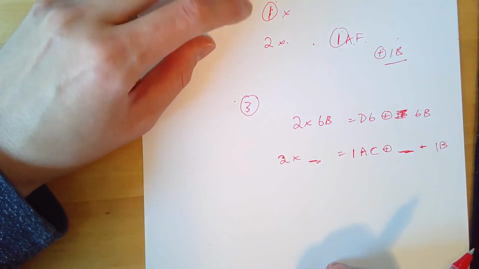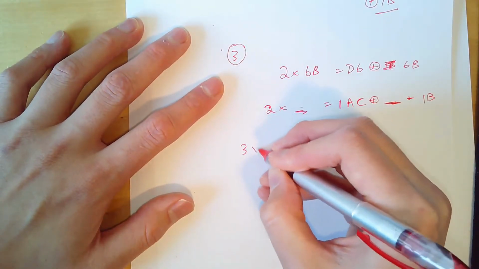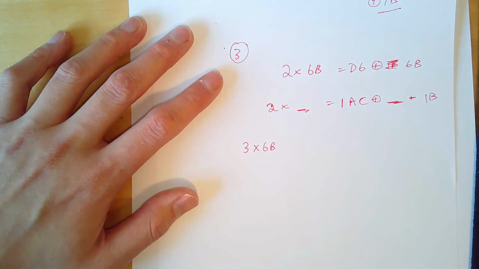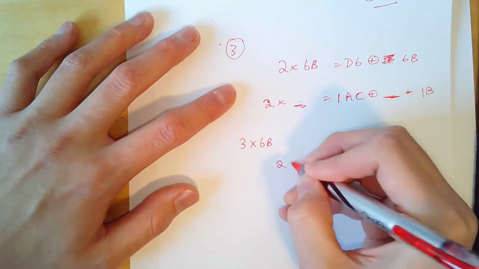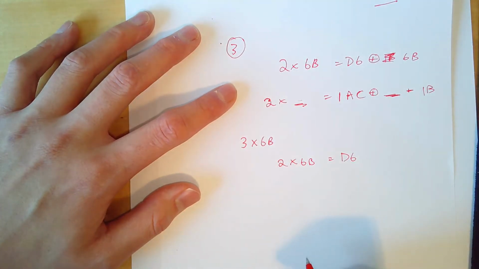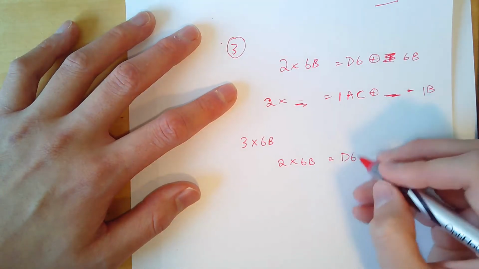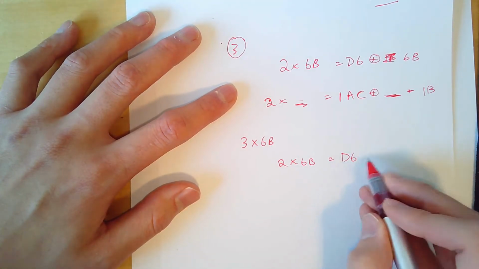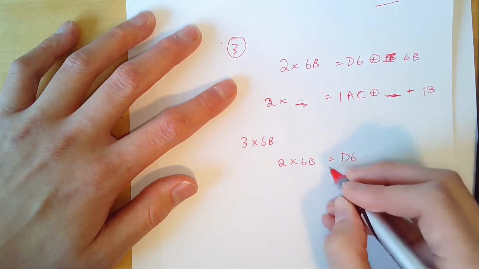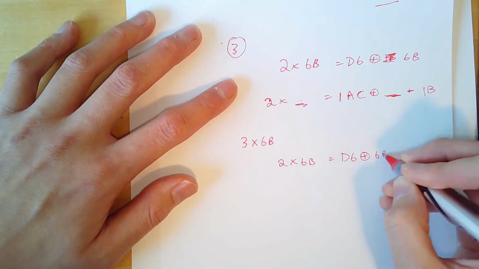Probably a little confusing. Let me go over it again. Let's say we're doing 3 times 6B. If we're doing 3 times 6B, we would do 2 times 6B, and we'd get D6. D6 has no overflow. It's not like it's 1D6. So if it's just D6, then we have to multiply by 3, so we'll XOR it with 6B again.